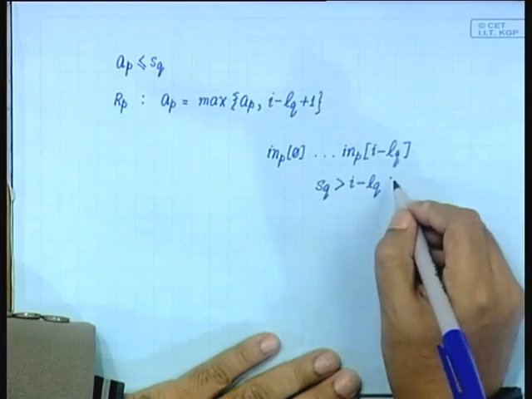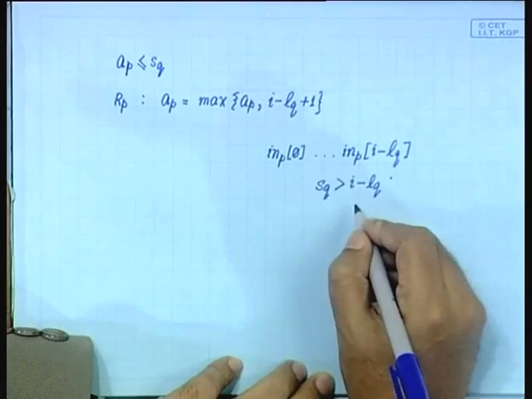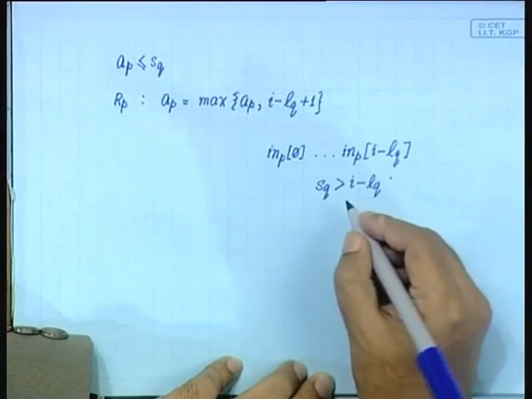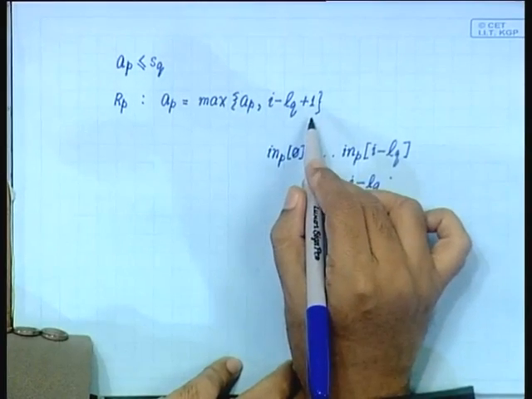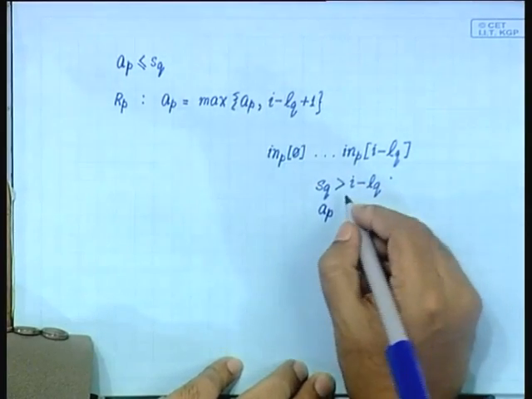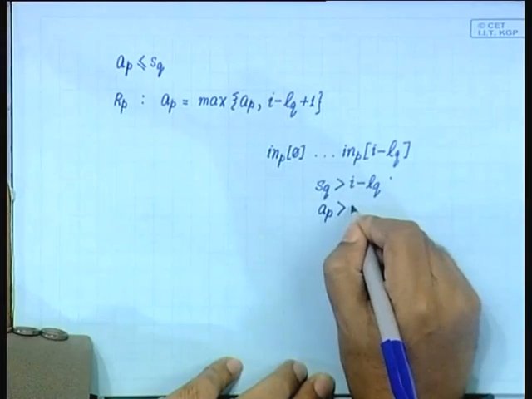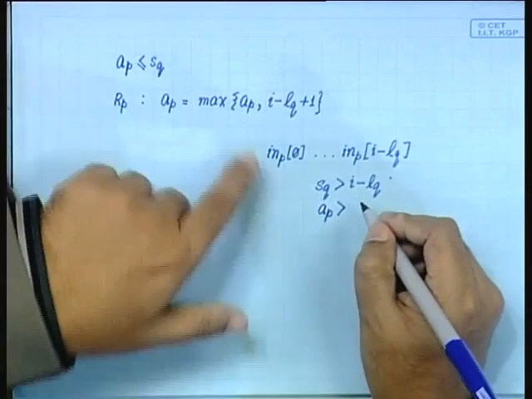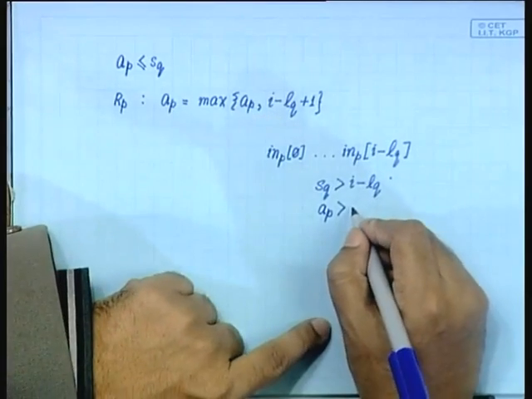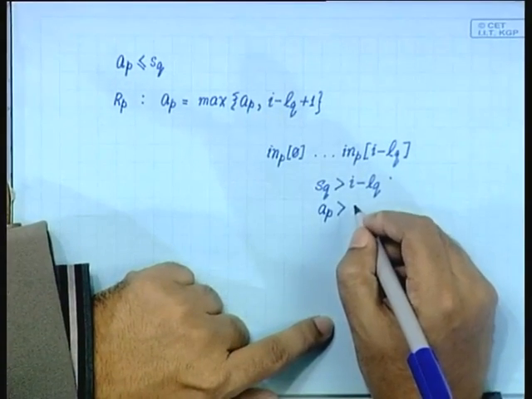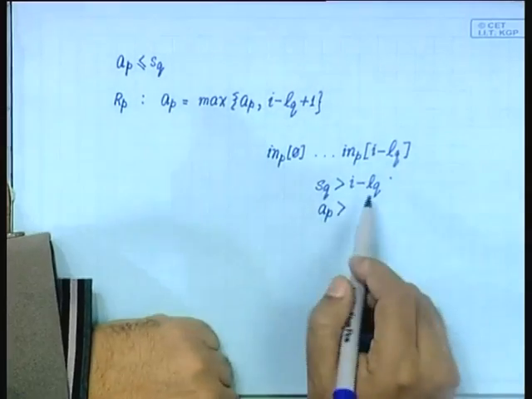And so therefore, if we take this and we take that AP by virtue of this is greater than, see, what are we doing here?